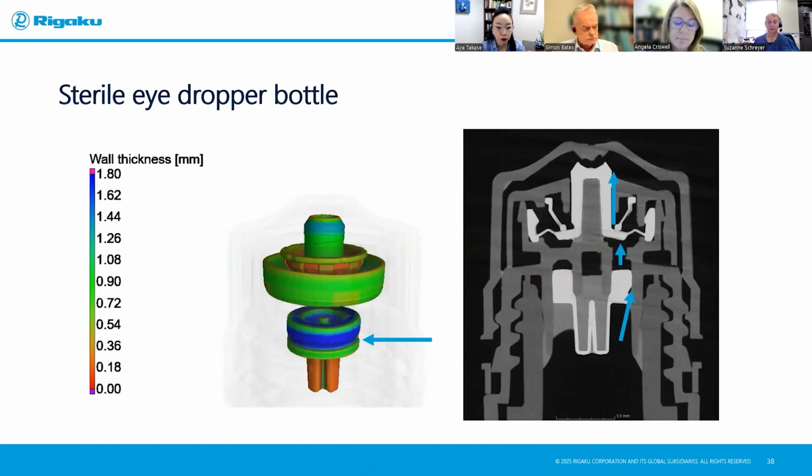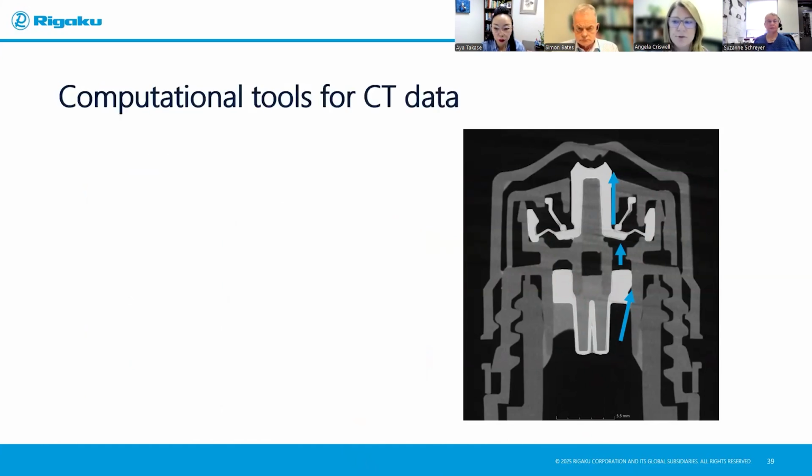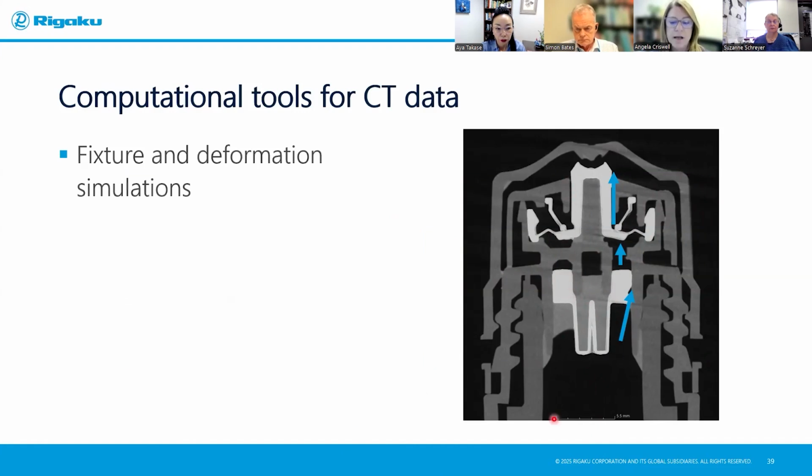And if the manufacturer is curious, they can use computational tools, for example, to look at fixture and deformation simulations. So basically, as you apply pressure, there are tools to do nominal to actual comparison, let's say, to verify that each of the parts are being made uniformly.